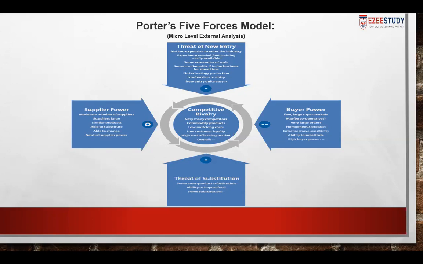Few suppliers will be in a very dictating position, and few suppliers might be very weak in that regards. Few of the suppliers might be increasing prices every now and then because they may be in a position to do so. Whereas on the other hand, few suppliers may not be in the position to do so. So you must analyze what's the power of your suppliers.